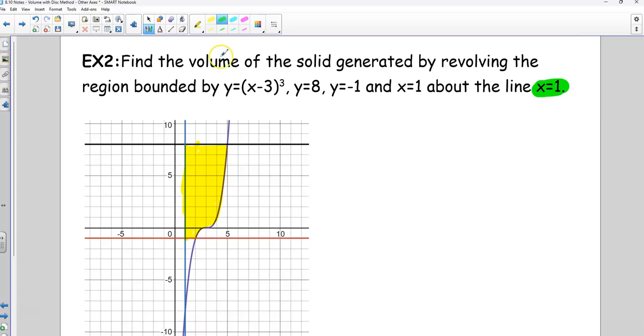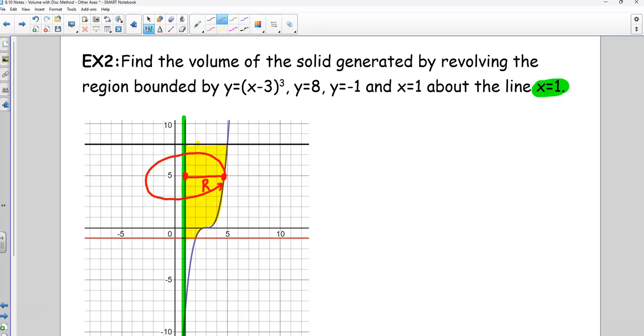X equals 1 is the vertical line at 1. So we will be taking a little horizontal piece right here, somewhere, anywhere, that's our radius, and we're rotating it around to make our circle.